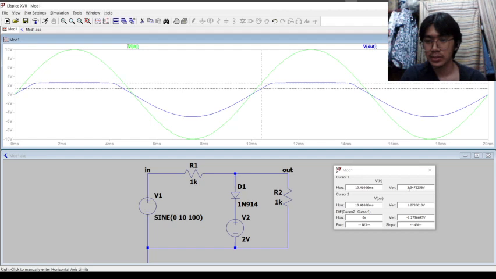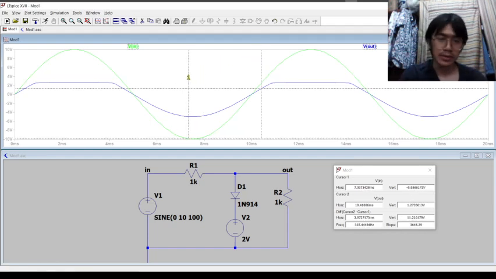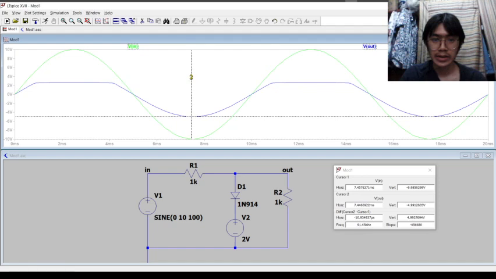So as you can see, 2.54, half of it is 1.27. And the same thing follows during the negative half cycle, just as stated before. Let's align them together. The input is negative 9.98 and half of it is roughly 4.99.